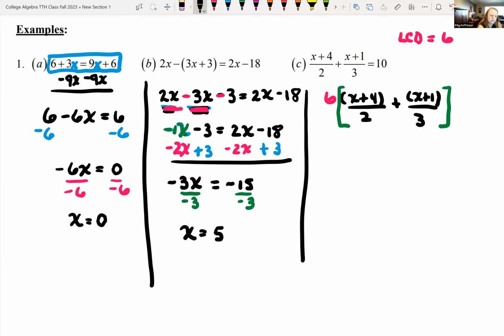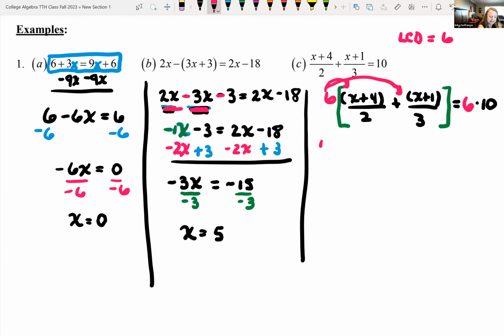This is equal to 6 times 10. So technically that 6, what we multiplied on both sides, that 6 has to be distributed if there's more than one term or grouping on a side of the equation.